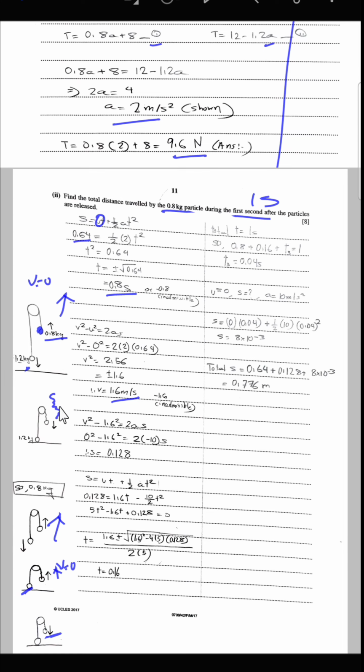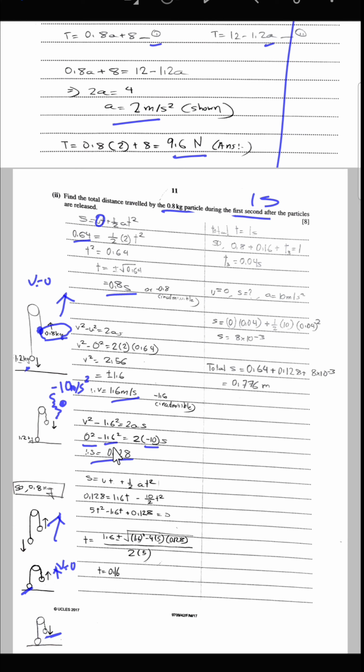Thus the 0.8 kg particle would move freely with an acceleration of minus 10 meter per second square. The initial velocity is 1.6 meter per second and the final velocity at maximum height is 0. We equate this to find the extra distance covered by the 0.8 kg particle until it reaches its maximum height.